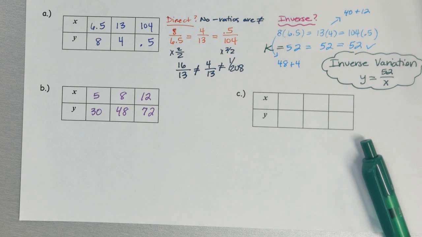Whichever one it is, remember, you got to write the equation. And you can also choose which one to start with. So if you thought it was an inverse and you wanted to try that first, you could.